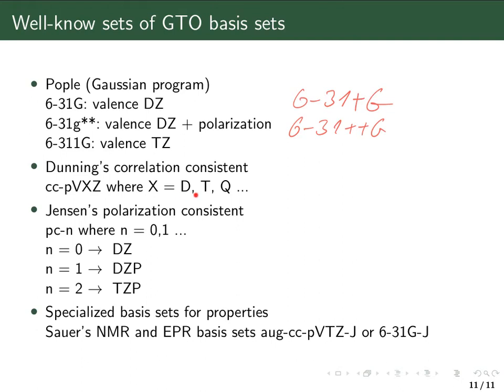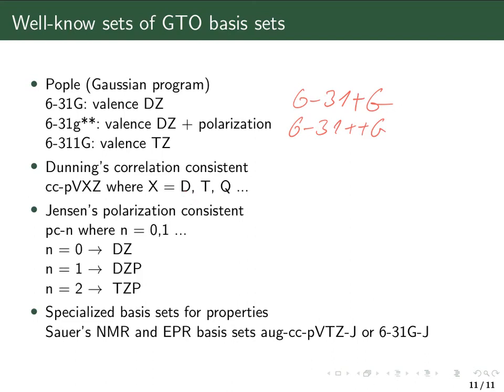There's a whole series of those. There are double, triple, quadruple, and for some of the atoms it actually goes up to 7. What is particular for Dunning's correlation consistent basis sets is, as I said, that polarization functions are always included, and which polarization functions are included changes depending on double, triple, and quadruple zeta.